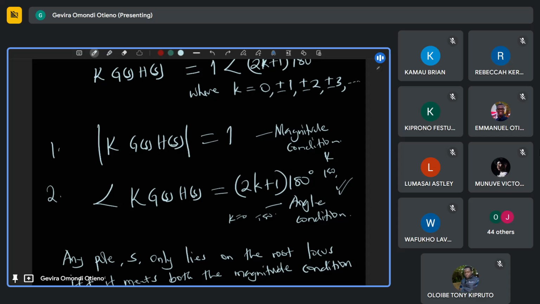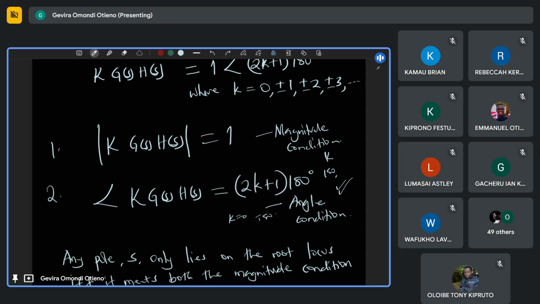We must also note the gain at that point, because as designers, we know that there are certain gains. Remember, we had said that the gain in root locus for our discussion would lie anywhere between 0 and infinity. So there are certain ranges of gain K that would make the system unstable. They might be lying on the root locus, yes, but the system would be unstable beyond those gains.